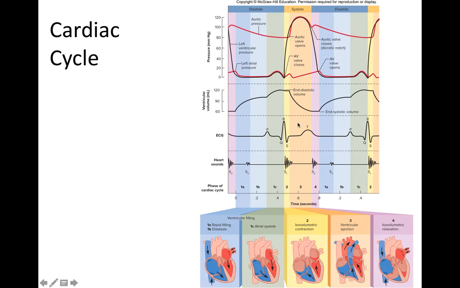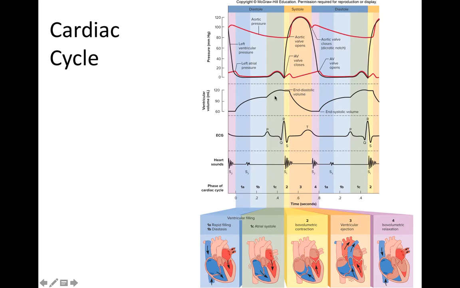Now, once this valve opens, we start gaining blood. When we are at this lowest volume right here, this is called the end systolic volume, or the ESV. The highest volume is right before the ventricle goes into systole, at the end of ventricular diastole.